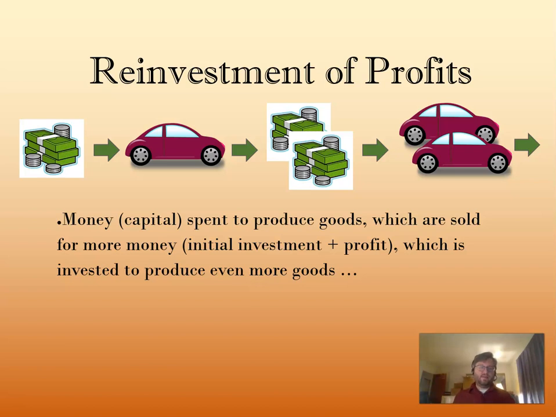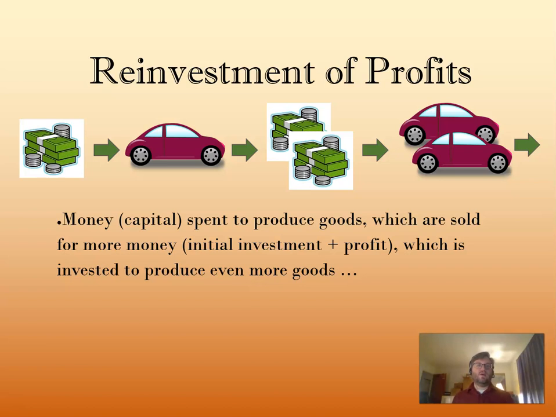In the illustration, we spend that money on building a car factory and hiring workers to work in that factory and buying raw materials, steel and aluminum and glass and everything else that goes into making a car. And we spend that money on making some cars. Then we sell those cars, and the money that we get from selling those cars is more than that original money that we put into it.